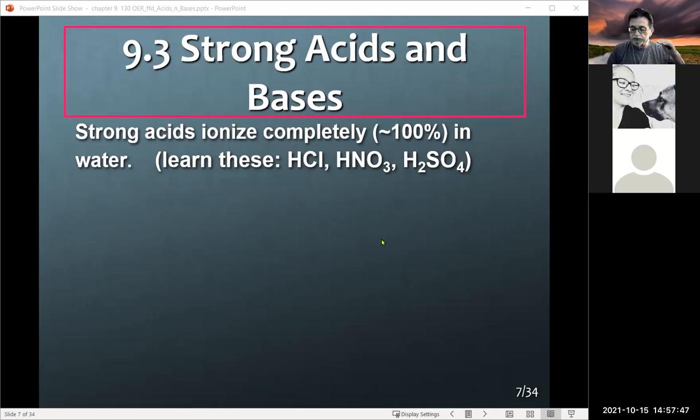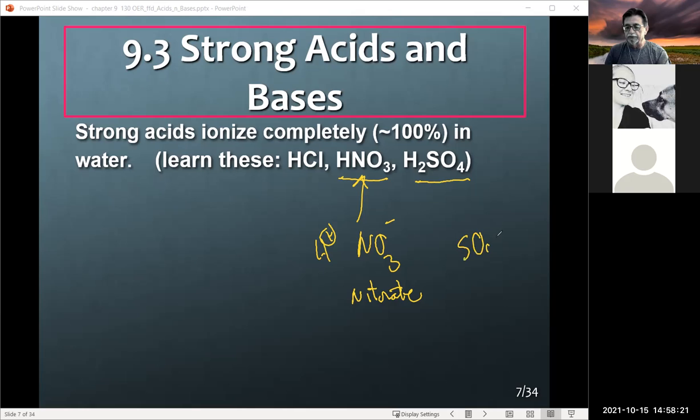Here are some examples of strong acids. Hydrochloric acid, which we talked about at length already, and then HNO3, which is called nitric acid, and then H2SO4, which is called sulfuric acid. Notice something here, NO3 minus, that's nitrate, remember that polyatomic ion? If I take a proton and put that back onto the nitrate, guess what I make? I go from nitrate to nitric acid. This is sulfuric acid. Does this look familiar?